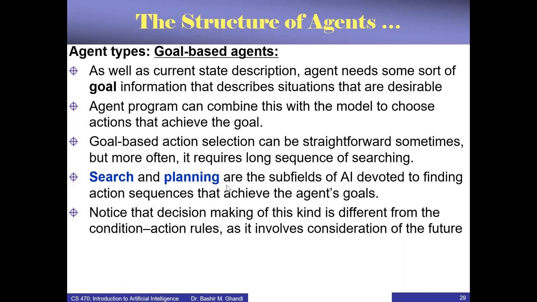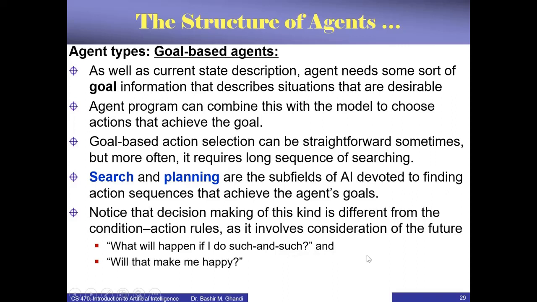I mean, this can be hard-coded, maybe even hardware coded, so the agent knows exactly what to do based on each condition. But this is talking about the future, so we cannot do it that way. It depends, for example, on what will happen if I do such and such in the future, and will that make me happy?